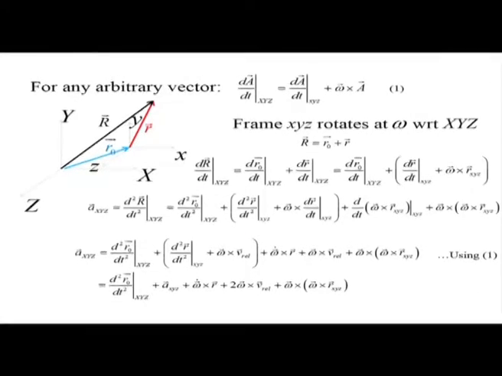So now even if small r is fixed in small xyz, but small xyz is rotating, then there will be an acceleration. Why there will be an acceleration? Because you will see that this vector r is continuously changing its direction even if it is fixed.